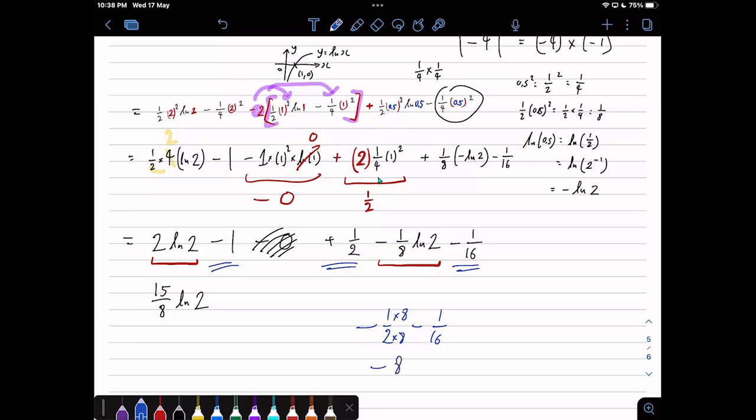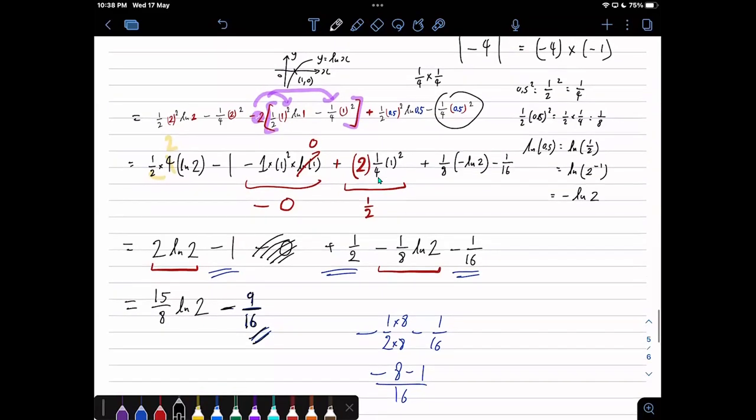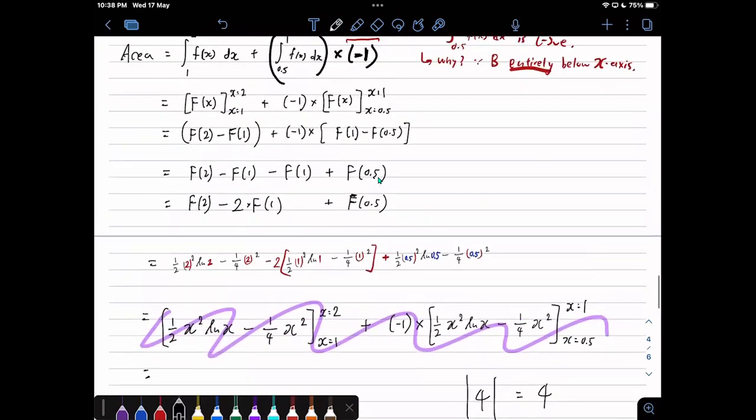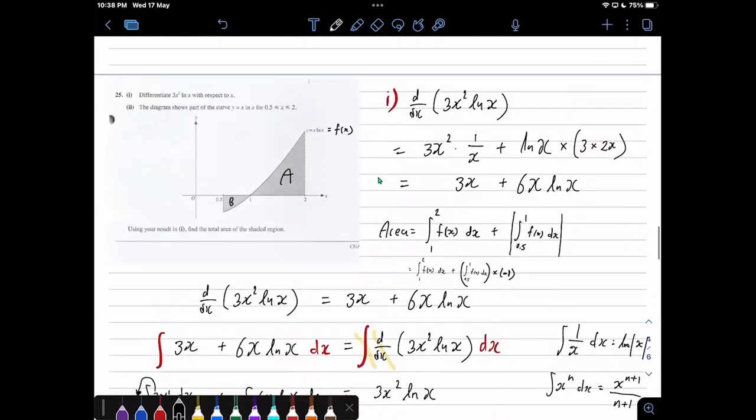It means minus 8 minus 1/16, which is minus 9/16. And that's the exact answer. Okay? Okay, good. So that's it for today. The rest, I will assign the homework later. Any questions? No. So the area, this 15/8 ln 2 minus 9/16, is the area of this region.